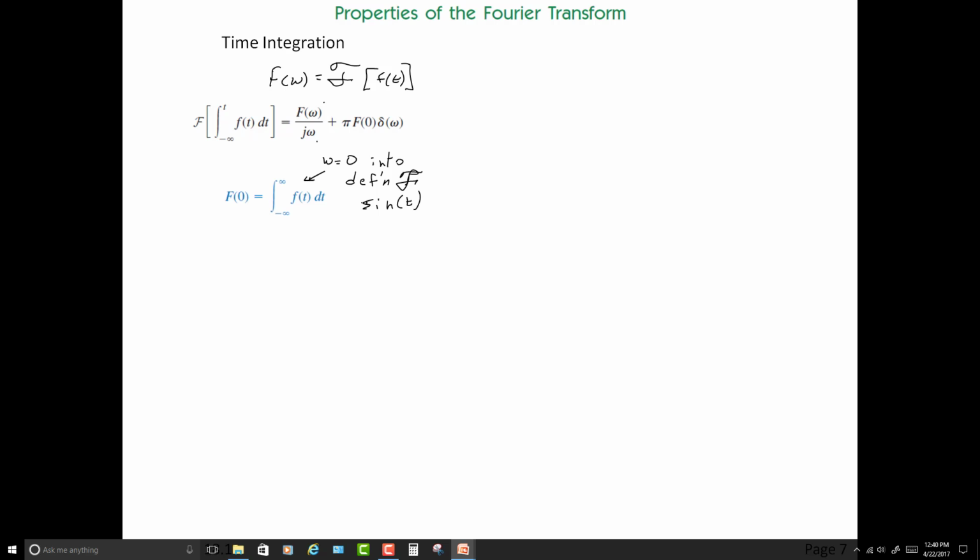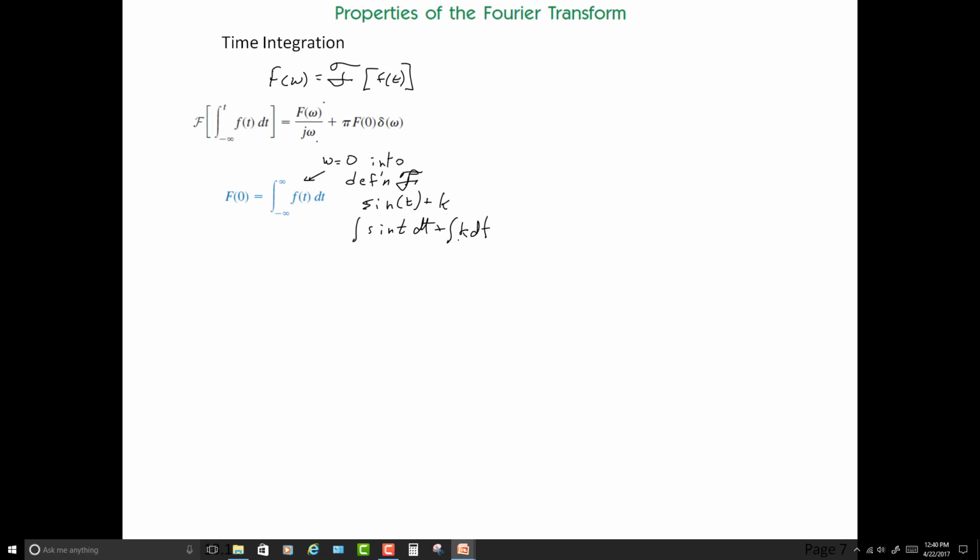If there is in fact an offset, so that maybe the function of t is this plus some constant, this will break up into two integrals, the integral of the sine of t dt plus the integral of k dt.